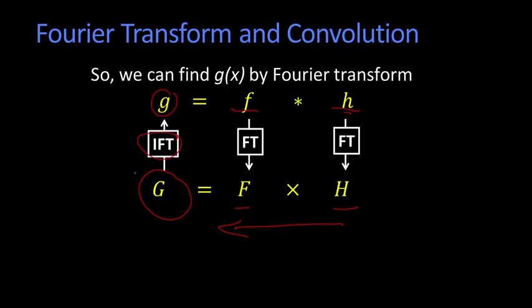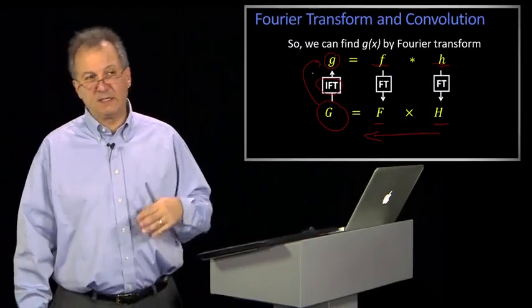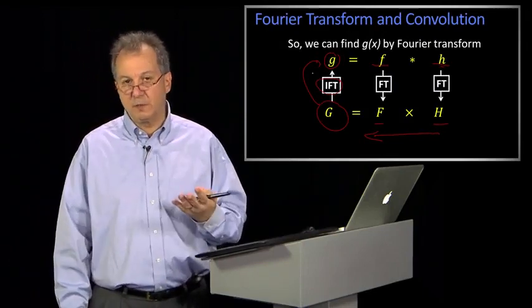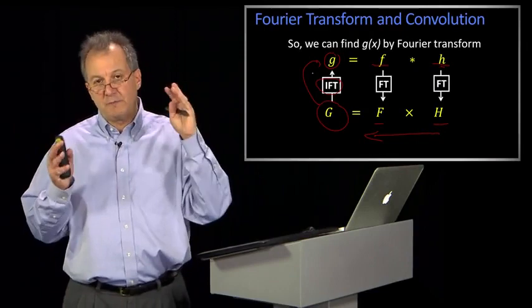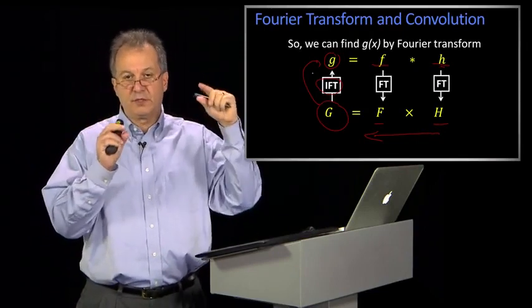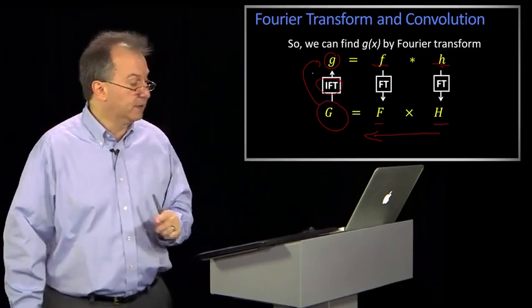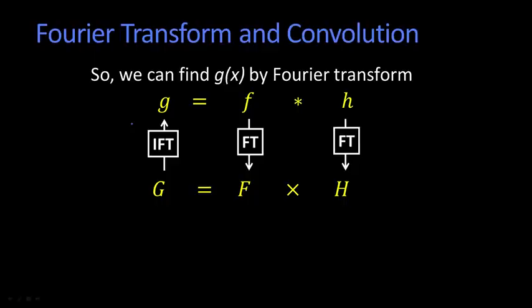And then I can do the inverse Fourier transform to get back the answer. Like I said, this was really important when machines were slower. These days, people tend to work in the spatial domain. But even today, if you have a large mask or some large function you're trying to convolve against a large image, it's not uncommon to use the Fourier trick to do that. But we're not really going to talk much about this inverse part. Instead, we're going to talk about how the Fourier transform shows you what's going on in frequency.